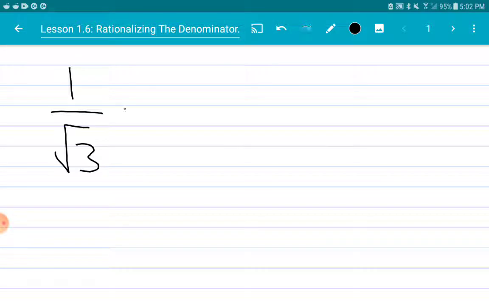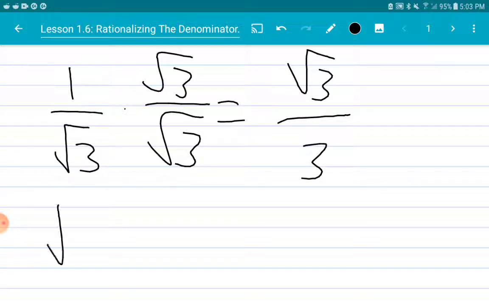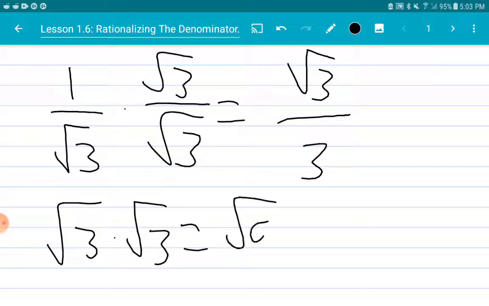All we want to do here is multiply the top and bottom by square root of 3 over square root of 3. That would equal the square root of 3 over 3, because square root of 3 times square root of 3 is equal to the square root of 9, which is 3.